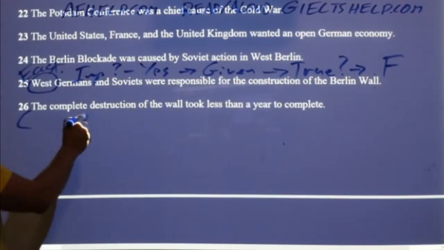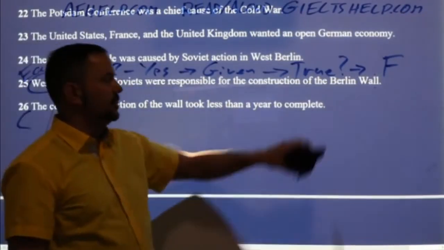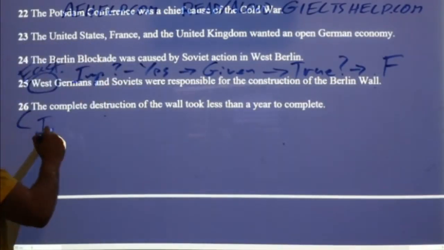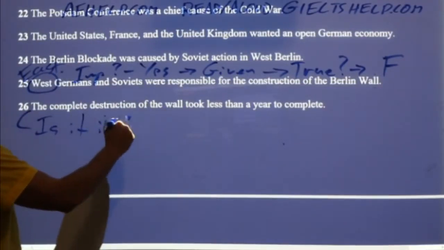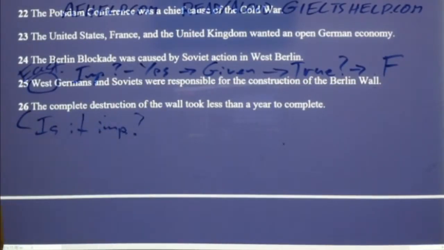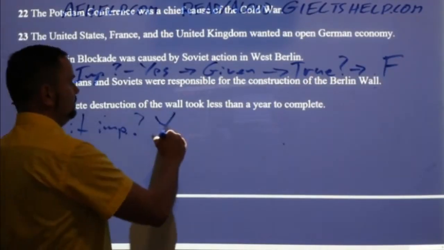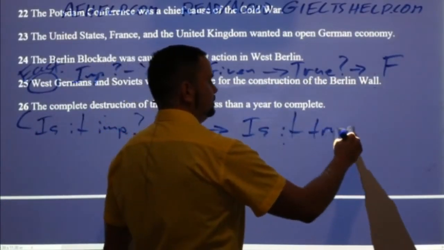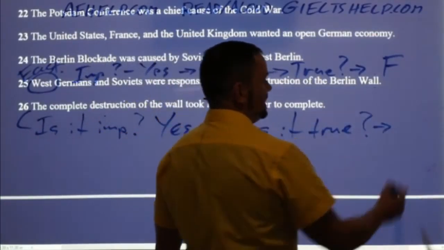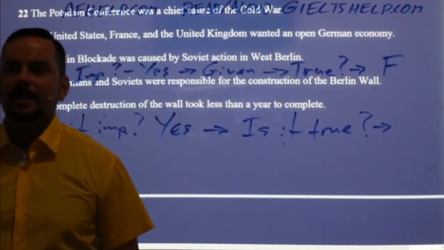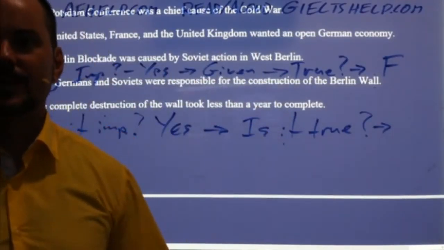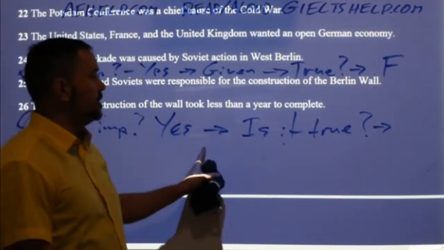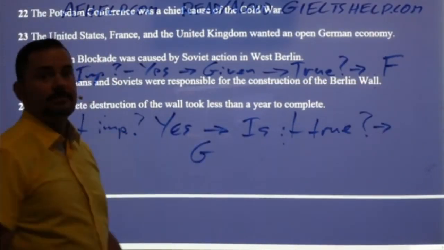So the complete destruction of the wall took less than a year to complete. So is it important how long the wall took to destroy for the last one? For number 26, yes, it's important. Is it true? I remember exactly how many months because I was surprised how long it took. Okay, check it. Okay, if you're not sure, this is paragraph G, right?